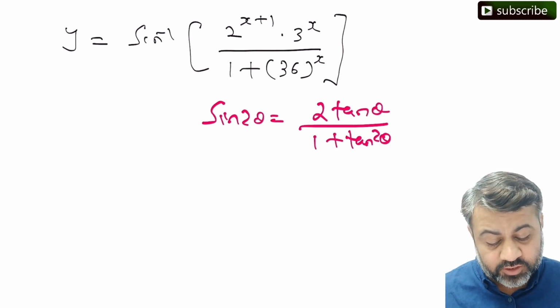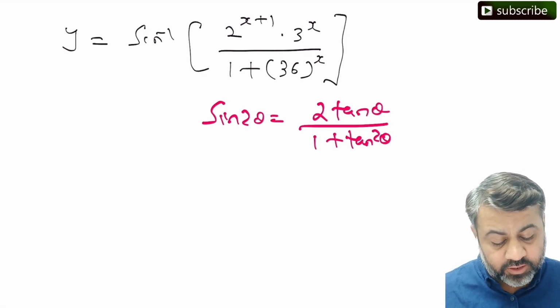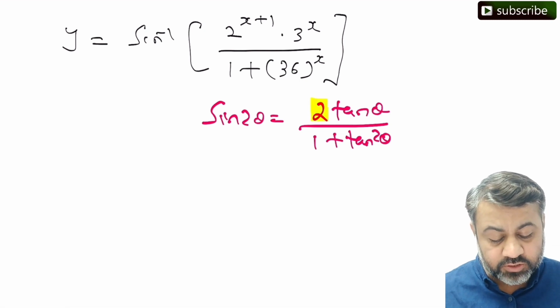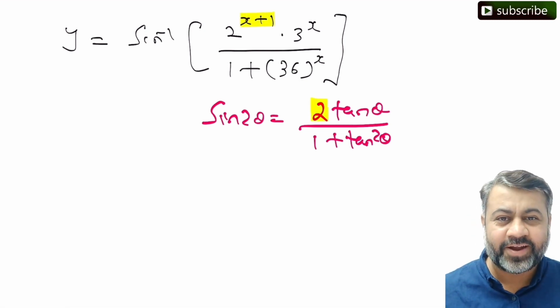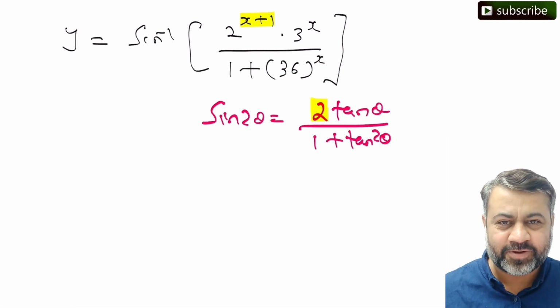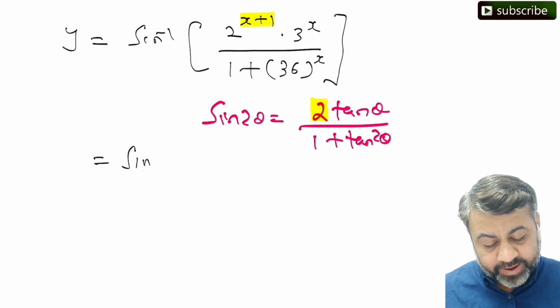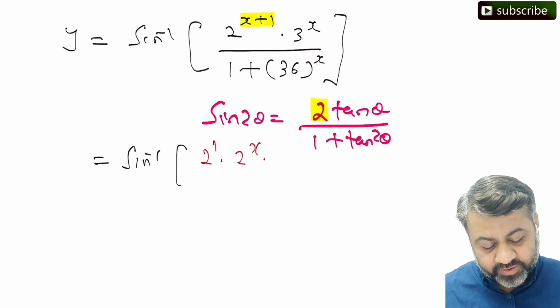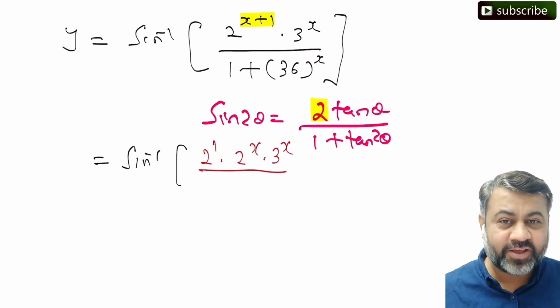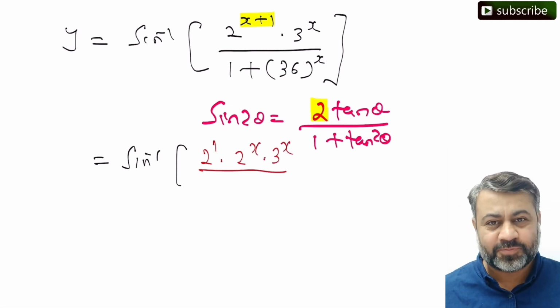The first thing I just want you to observe is, if we need 2, the first thing is 2 power x plus 1, I'll write 2 power 1 separately, 2 power x separately. Okay, observe this, what I'm doing. We have sine inverse of, I'm writing 2 power 1, 2 power x, 3 power x. Now 2 power x, 3 power x, most of you will realize this is going to be 6 power x.